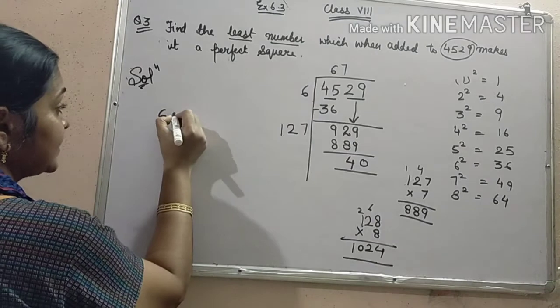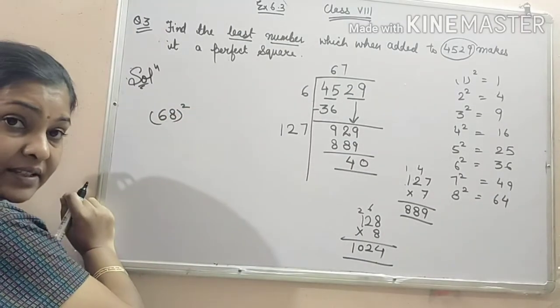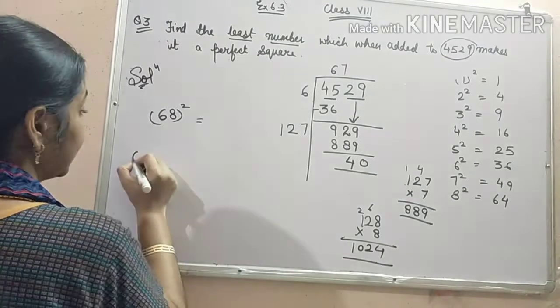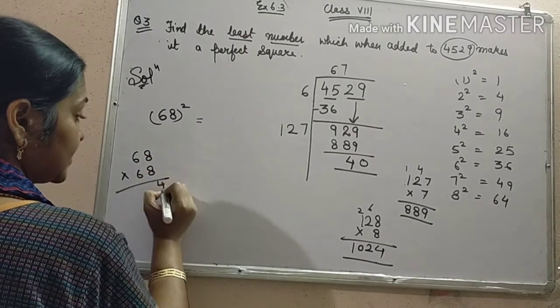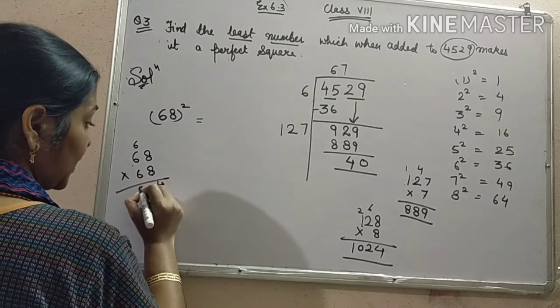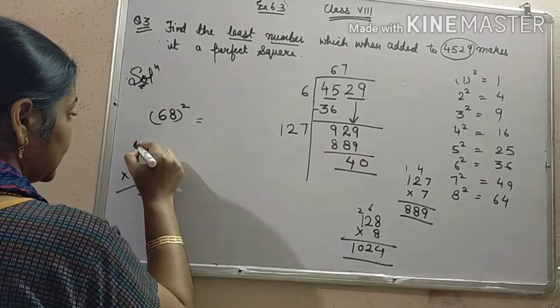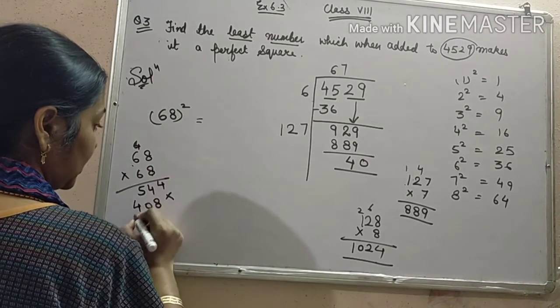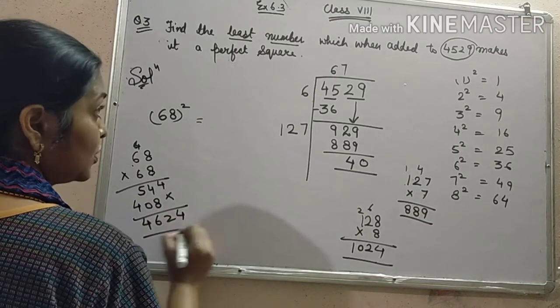That you find 68 square. 68 square will be equal to 8 eights are 64, 6 carry, 8 sixes are 48 plus 6, 54. 6 eights are 48, 4 carry, 6 sixes are 36 plus 4, 40. So 4624.